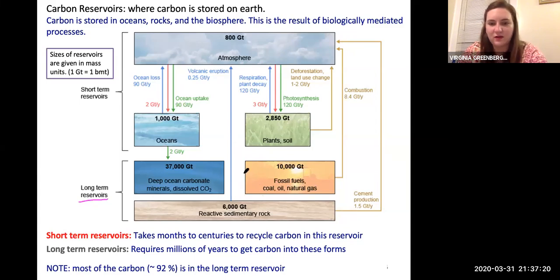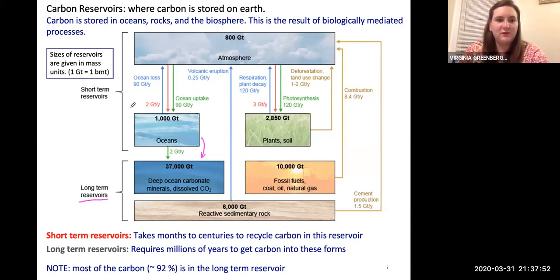So these are our long-term reservoirs. The oceans do contribute to packing some gigatons of carbon every year into the long-term reservoir, as shown by this green arrow. You can see that's only 2 gigatons per year, compared to all the other changes that are happening up above.